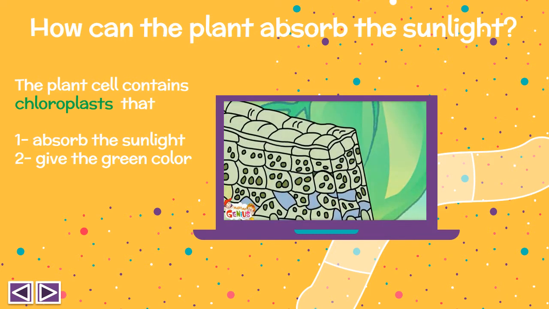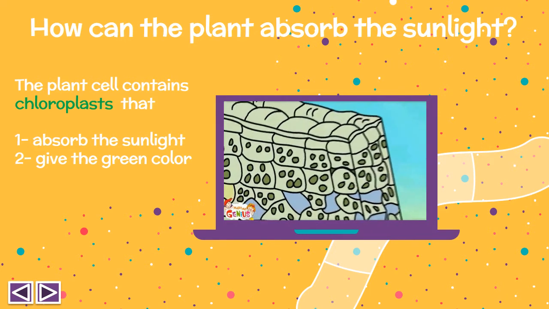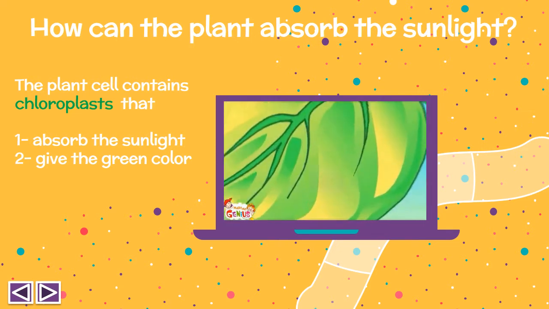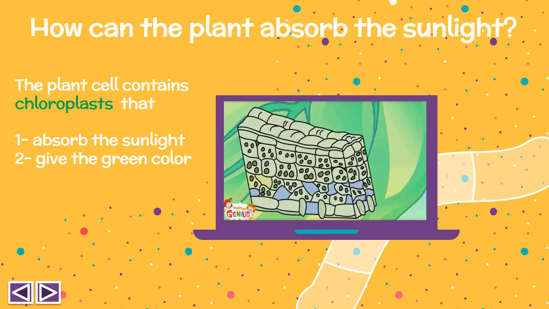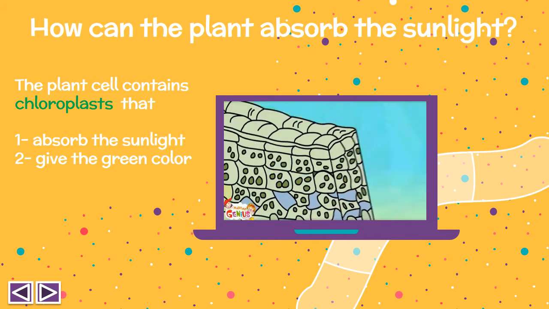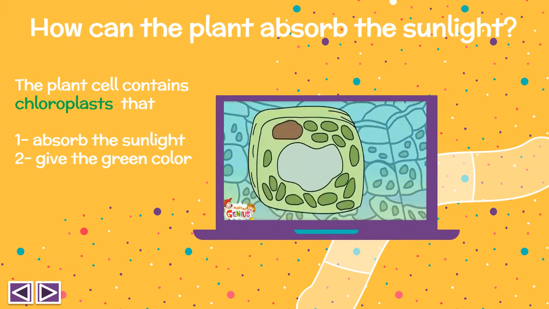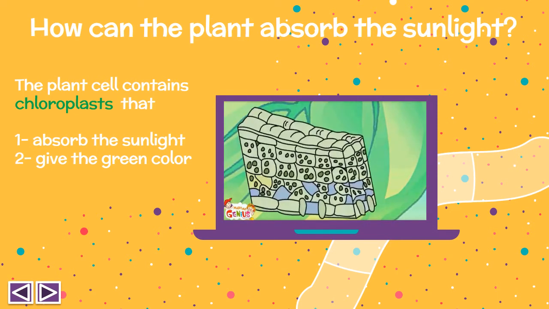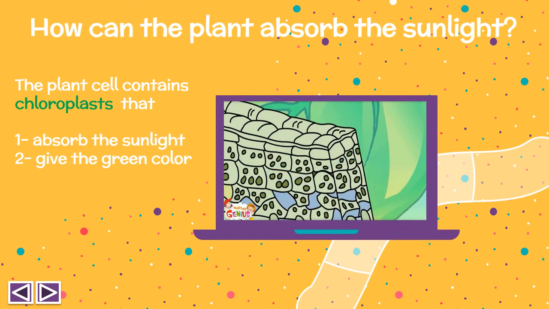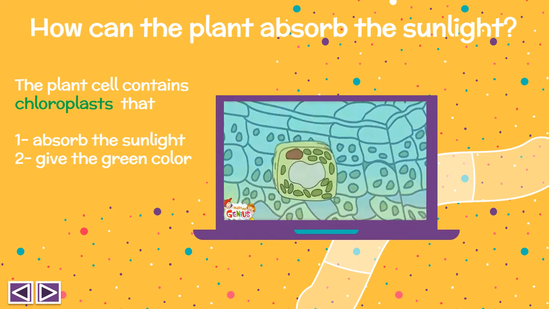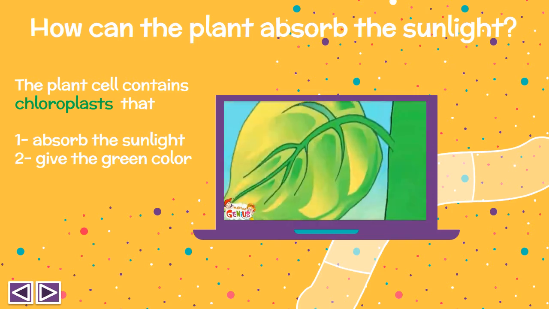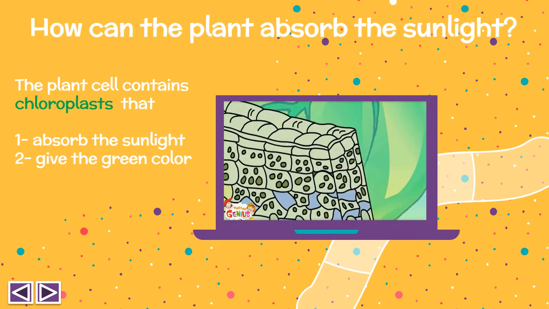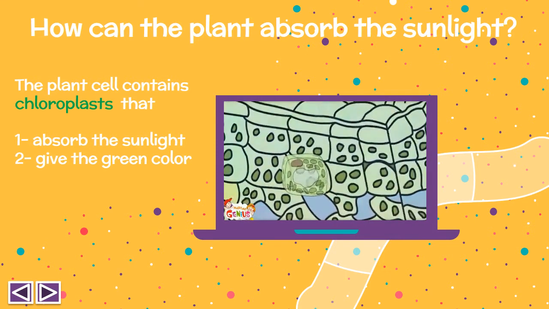What does the chloroplast do? The chloroplast absorbs the sunlight to help the plant to make its own food by photosynthesis process, and it gives the green color to the leaves.